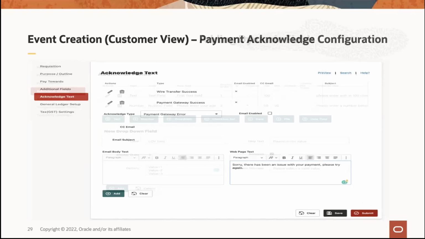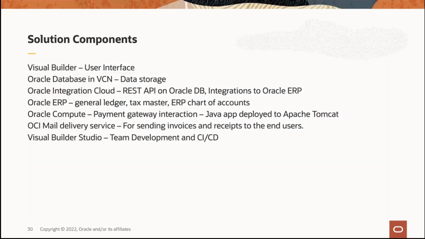So this is pretty much about the use case and the solution components that are used here. The Visual Builder, we have used it for the user interfaces. The external portal and internal portal, everything is built on top of Visual Builder, and it is responsive as well. And we have an Oracle database for storing all this data. This is an Oracle VMDB, high performance VMDB.